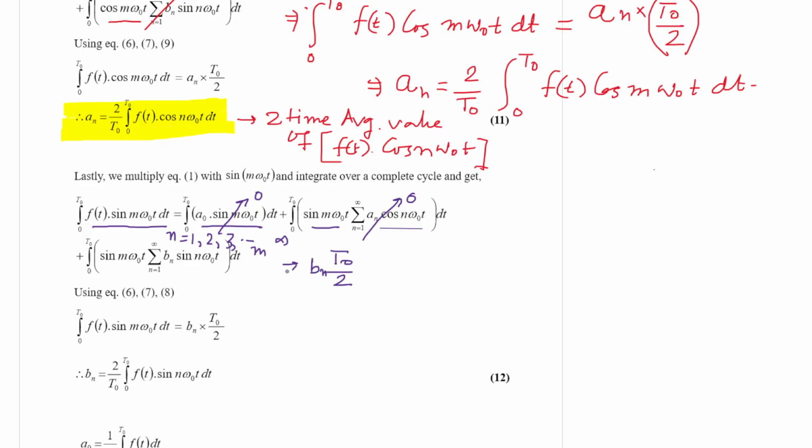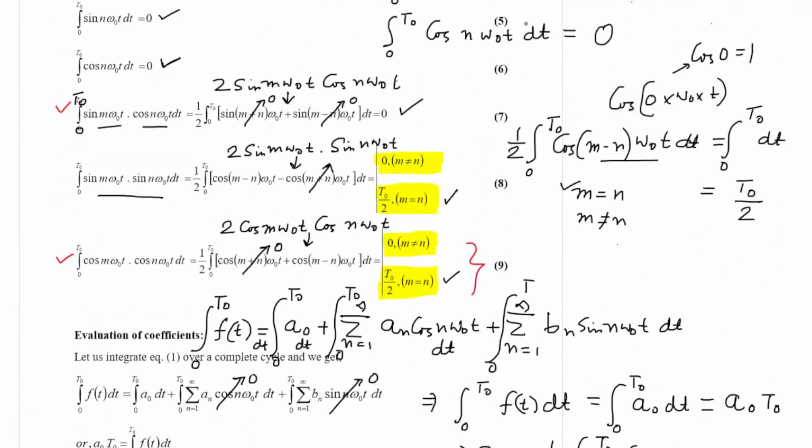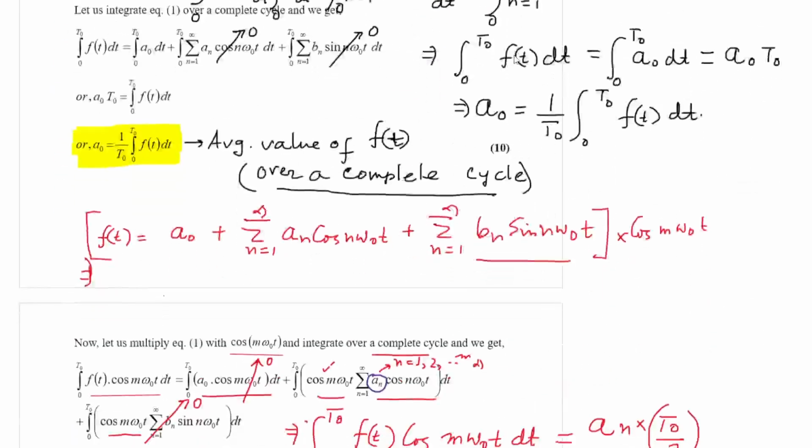So this result is the integral from 0 to T naught of f(t) sine n omega naught t dt, which is equal to bn T naught by 2, because when m matches with the summation index, it gives a value of T naught by 2 as per this result, when two sines are multiplied.